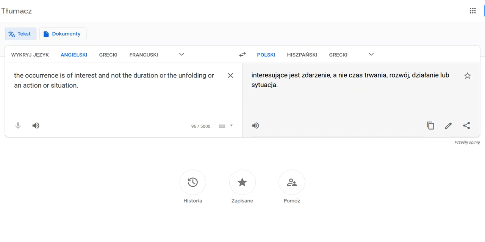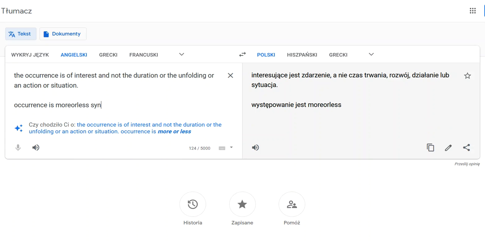So occurrence is more or less synonymous to the successive, okay?